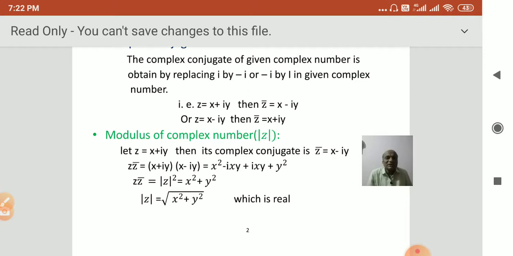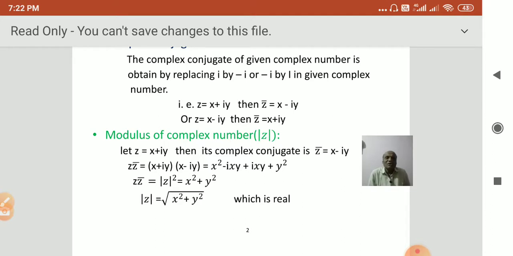So in this equation, the plus and minus iXY terms get cancelled and we get Z Z bar. This is also known as mod of Z square, or modulus of the complex number square, which is equal to X square plus Y square. So taking the square root of both sides, we write mod of Z, or modulus of the complex number, which is equal to square root of X square plus Y square.